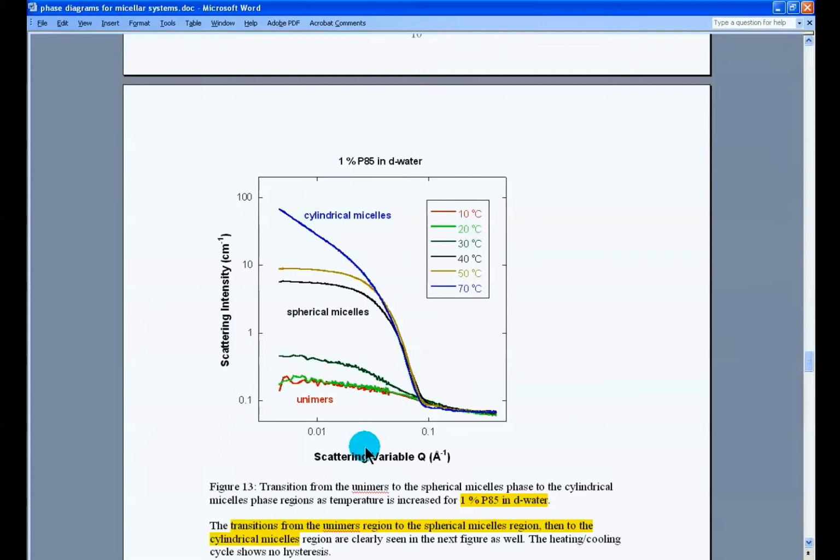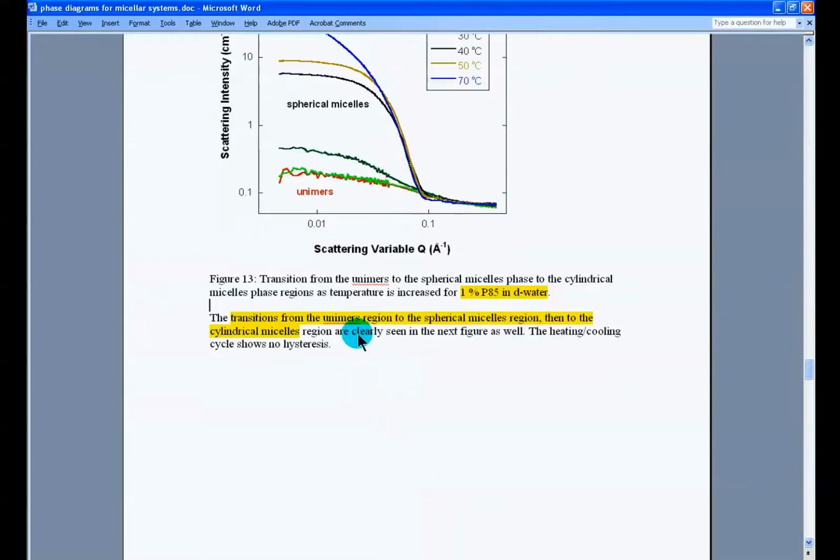Let's look at the intensity versus Q for that 1% P85 in water, and we vary temperature. This is the unimer phase, triblock copolymer dissolved in water. We increase temperature, and spherical micelles are formed. If we increase further, we get cylindrical micelles formed, for example at 70 degrees.